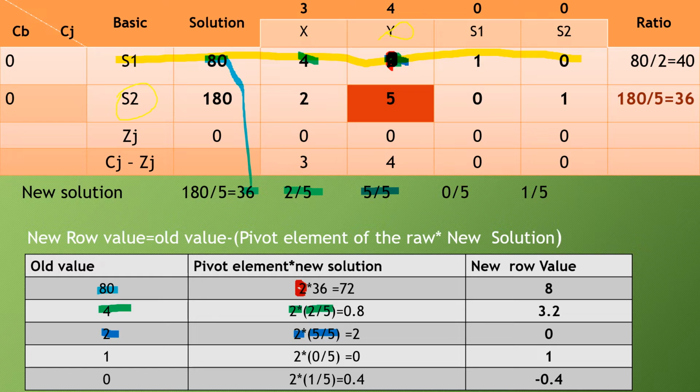In the next one, the old value is 1. So we are going to multiply the pivot element of the row with the new solution value. Likewise, for 0 also we are going to do the same.